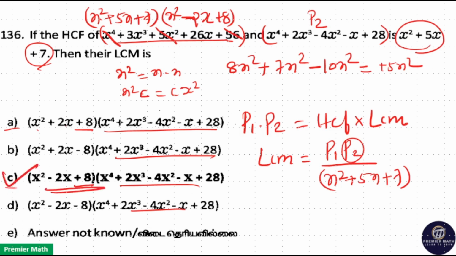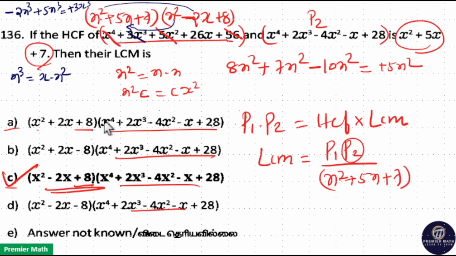Same way, if you are looking for x cube, it is x into x square. So, here x square into minus 2x is equal to minus 2x cube, and here x square into plus 5x is equal to plus 5x cube. Now, you can see this is equal to plus 3x cube, which is given here.